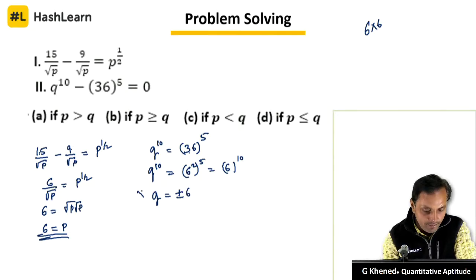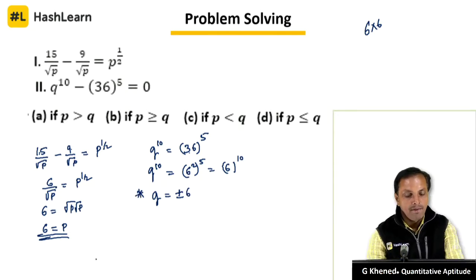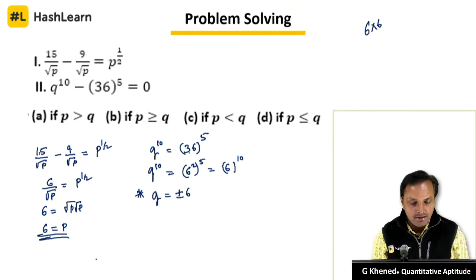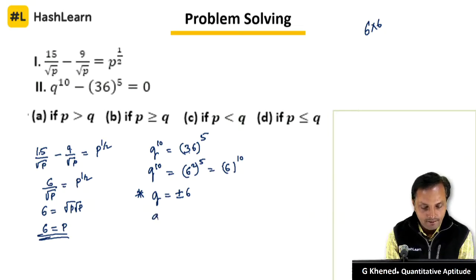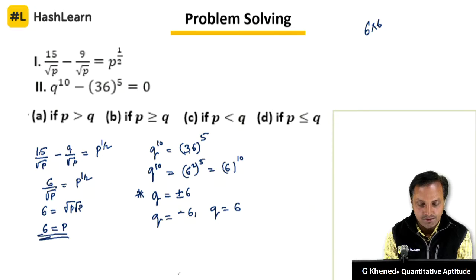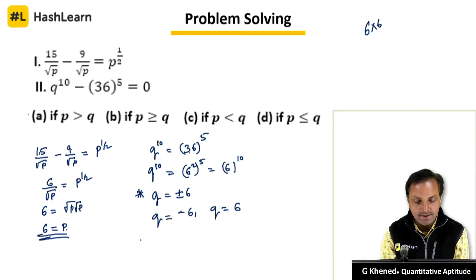Remember, this is very important note. The value of q will be plus or minus 6. So you will have the value of q to be minus 6 also and the value of q to be plus 6 also. So is it plus 6 is bigger than minus 6?